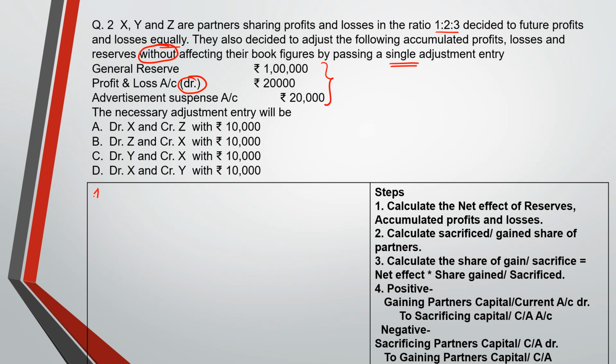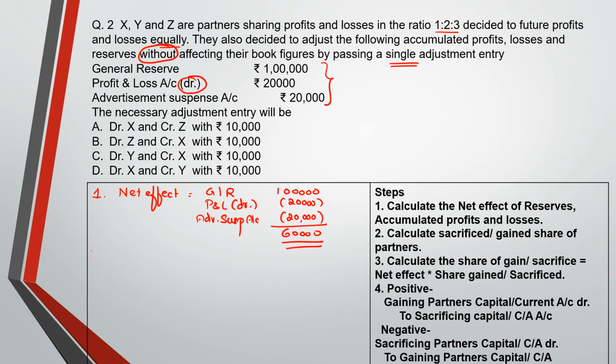So the first step is to find the net effect of all these amounts: general reserve of 1 lakh, profit and loss account a debit balance so a negative 20,000, and advertisement suspense account, which is also a debit balance because it appears on the asset side of the balance sheet. Therefore, the net effect here is 60,000.